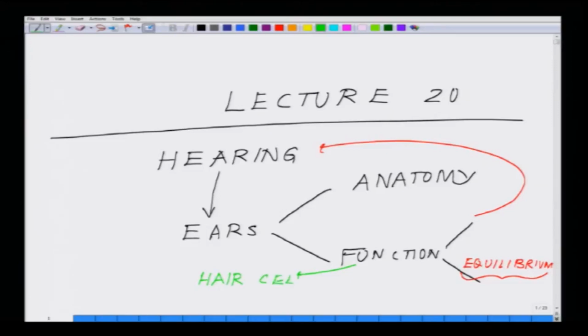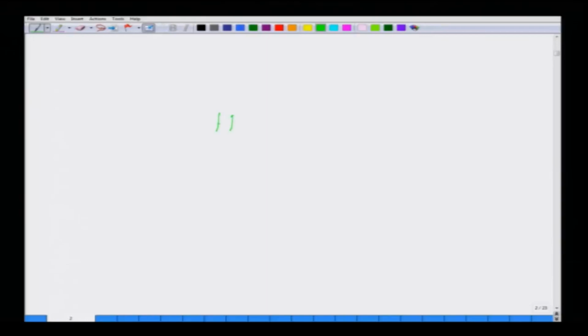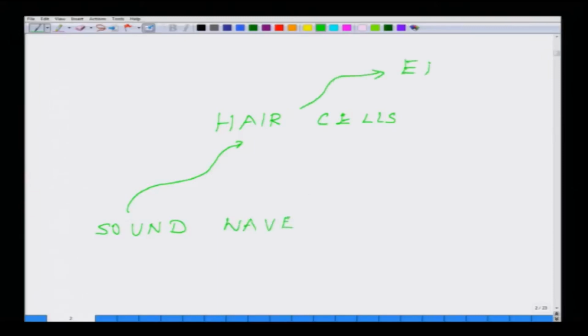These are the cells which code for, one second, let me go to the next slide. So, these are the hair cells which code your sound wave to electrical signals or electrical impulses.